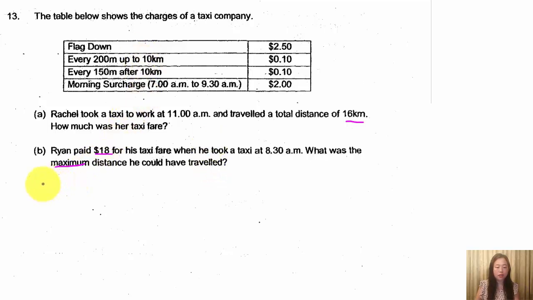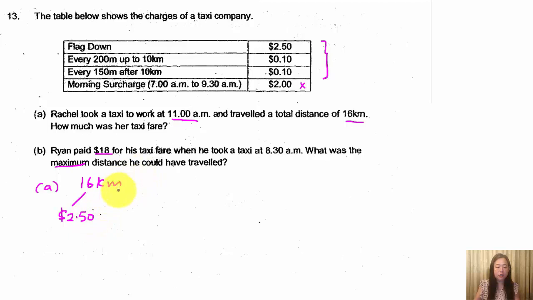So let's try to understand A first. For Rachel, if she takes a taxi at 11 a.m., there is no surcharge. So the amount that she paid must belong to this category instead. For 16 km, when you board the taxi, immediately the taxi company will charge you $2.50.